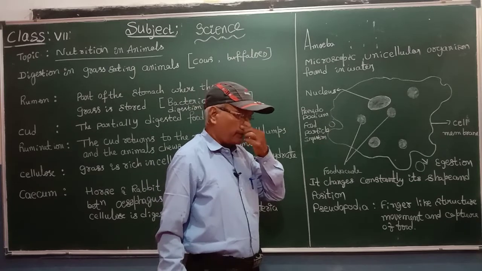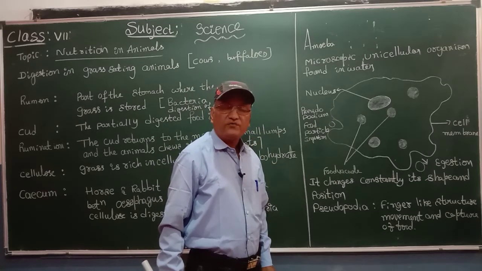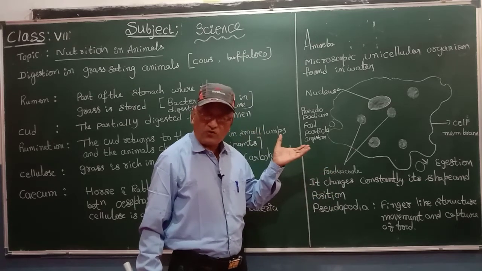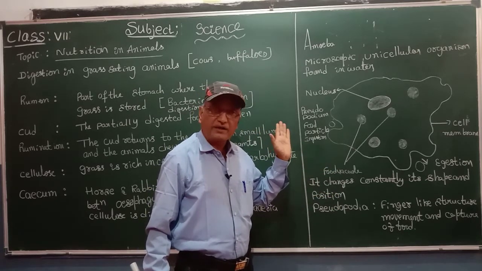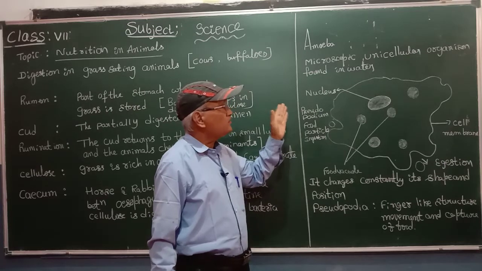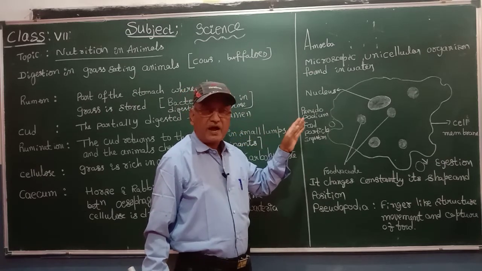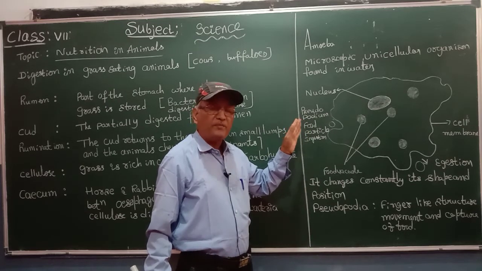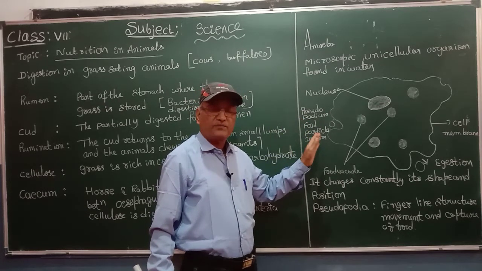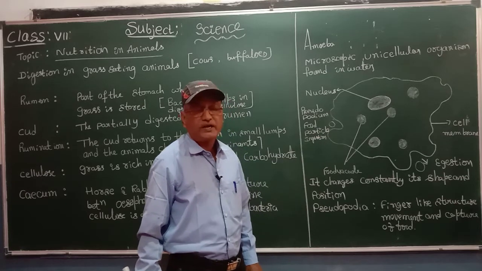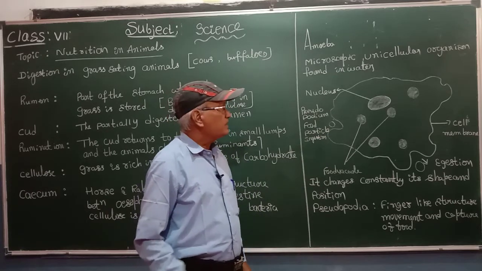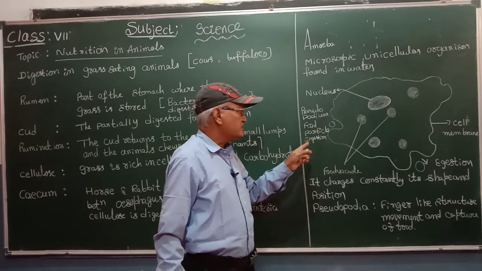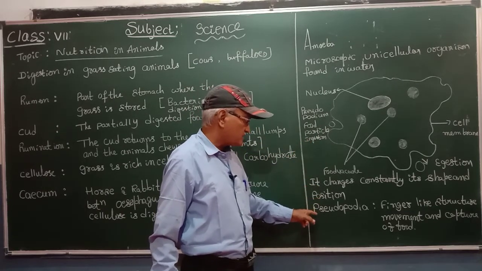Where do we find amoeba? We find amoeba in ponds, in water. It is an aquatic organism, we can see the amoeba microorganism in water. Now here, how it captures food: we call the finger-like structures pseudopodia.